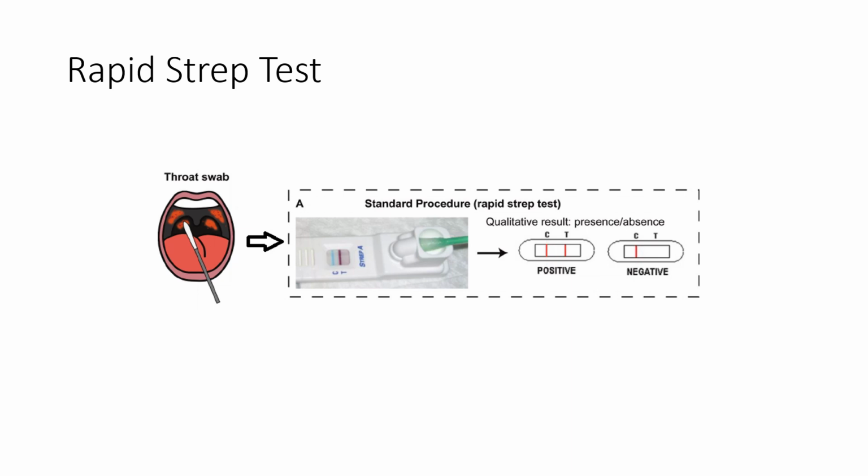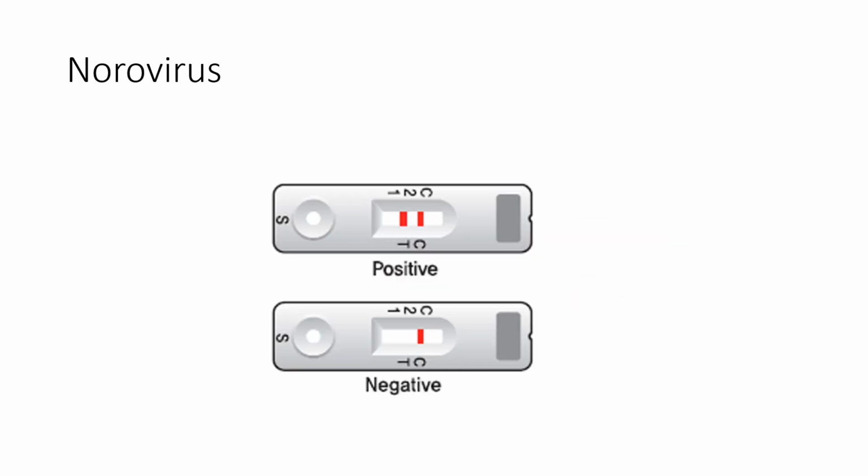So if you have 2 lines, it's because yes, you have strep throat. 1 line means no. So that's a very typical thing and super easy, and they can do it right in the doctor's office very, very easily. It doesn't take very long at all.